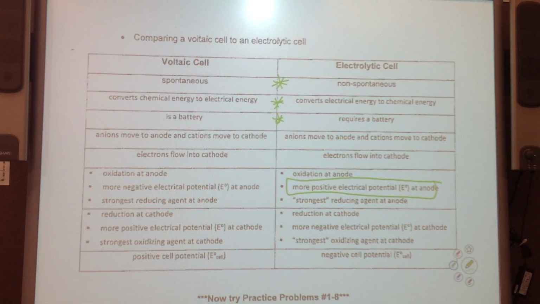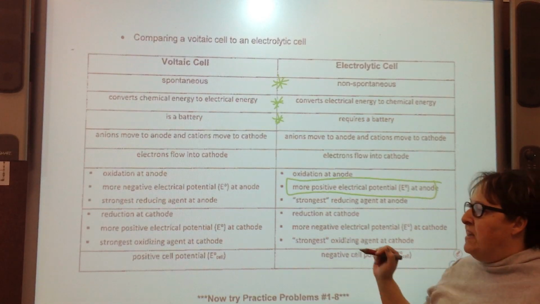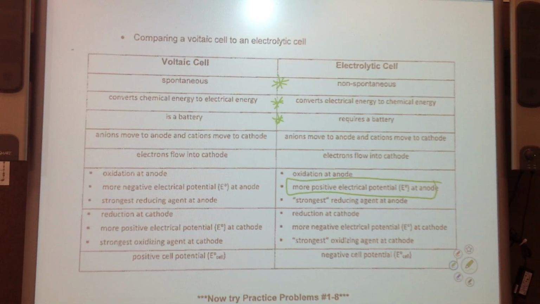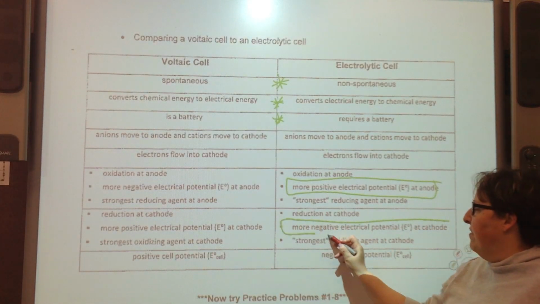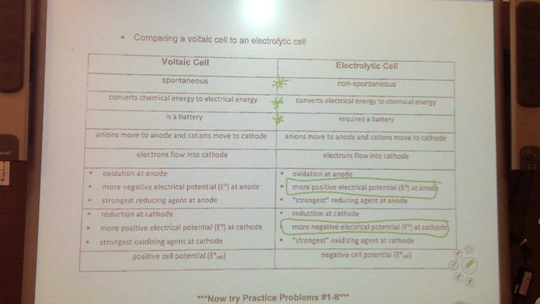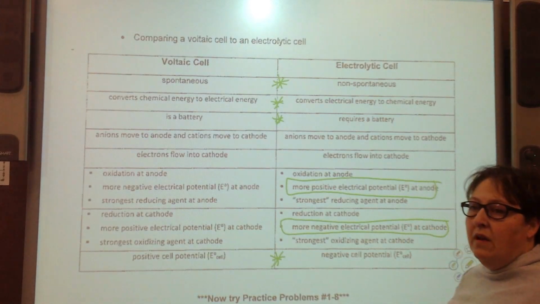More positive electric potential at the anode, and the strongest reducing agent at the anode. Strongest being in brackets because now we're forcing it to be that way. Reduction still happens at the cathode. However, now we have a more negative electrical potential, and we're forcing the strongest oxidizing agent at the cathode, and then this is the big difference. Okay?